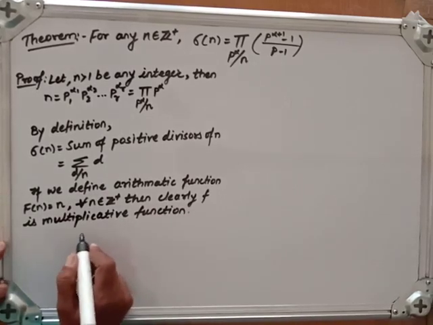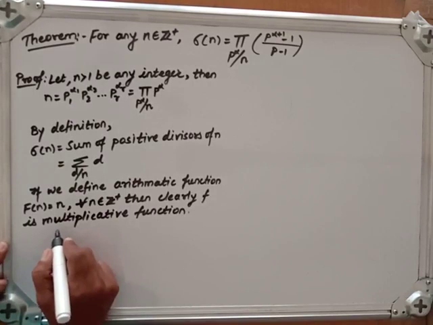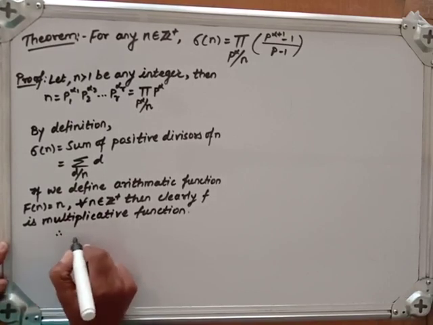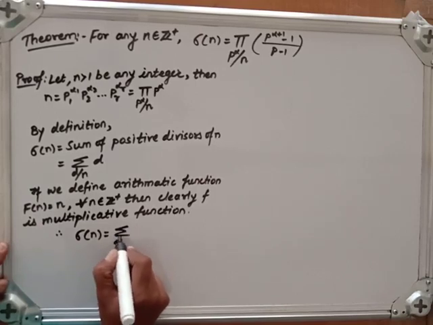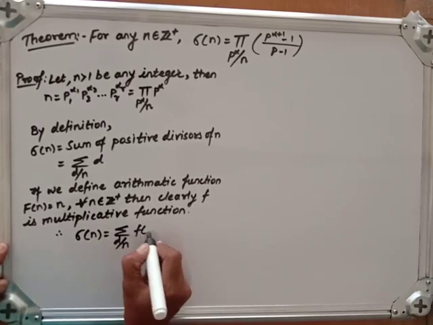Okay, therefore sigma n can be written as summation d divides n f of d.